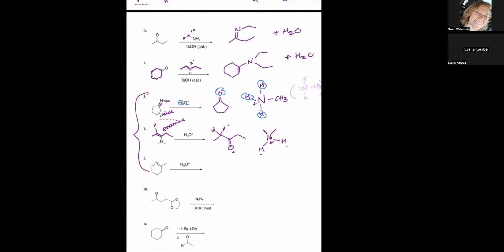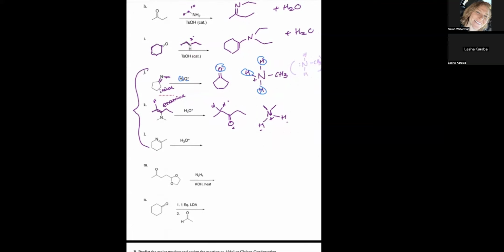And then same thing with this as well. This is our imine. We have that double bond directly on the nitrogen. It's a primary. So we just start off with our N. We know we're going to break this bond.